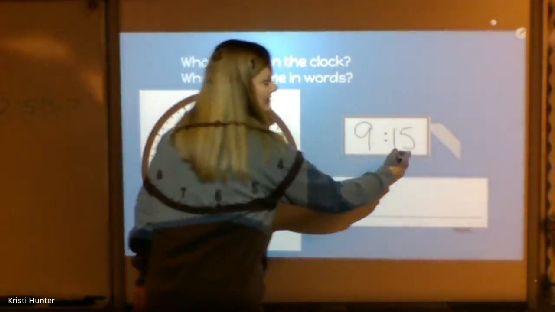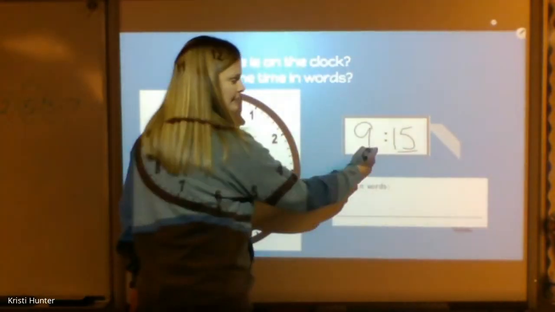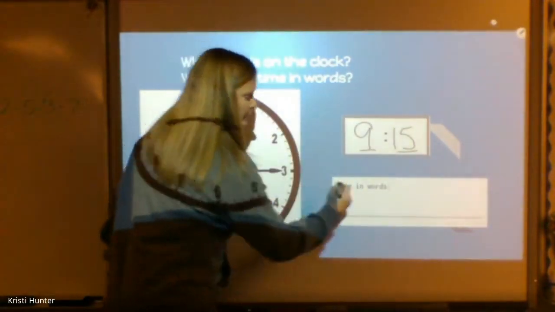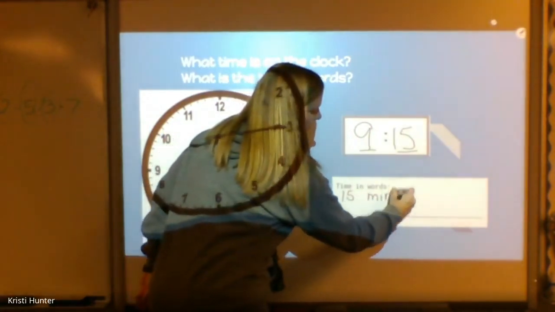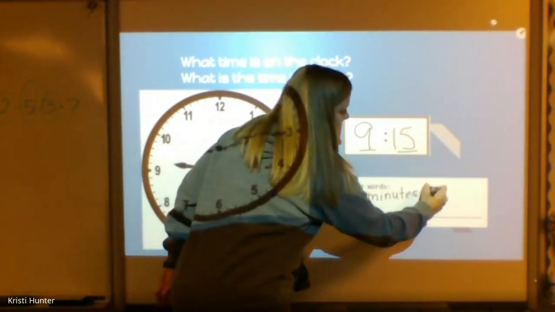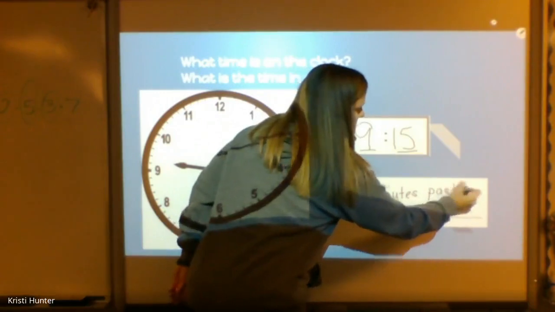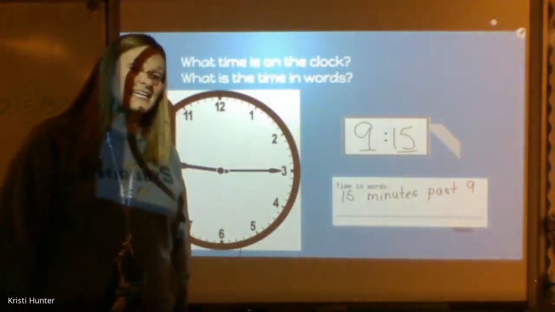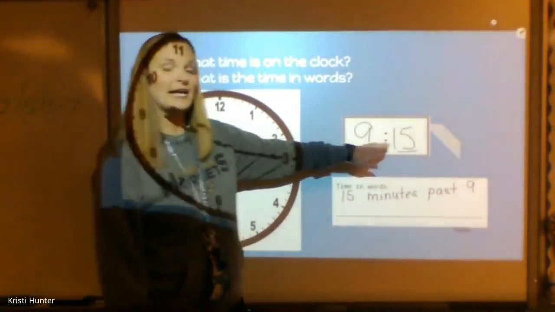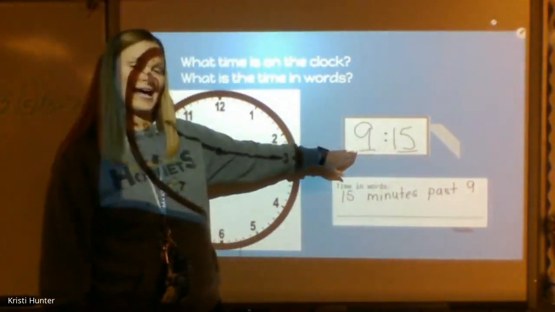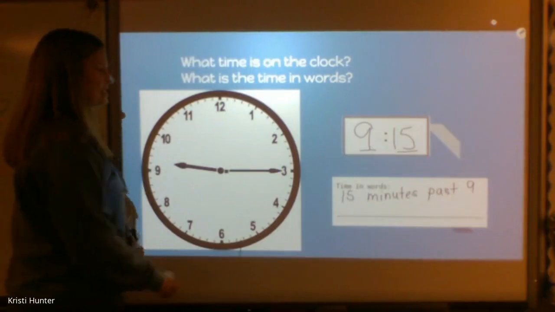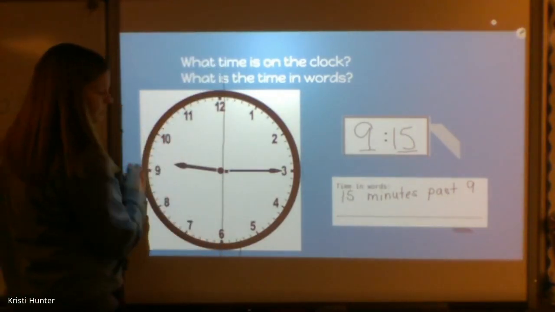I could say this is 15 minutes past 9. So I'm going to write that one first. 15 minutes past 9. That's probably the easiest way because I can use my digits that are right here. Now, remember yesterday we divided our clock into 4 pieces.